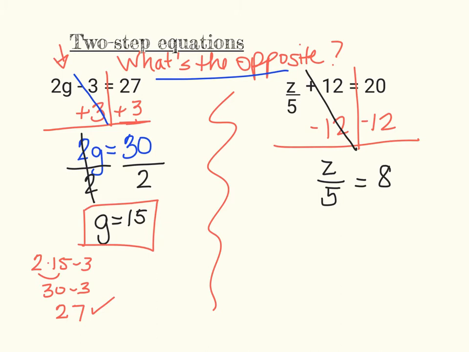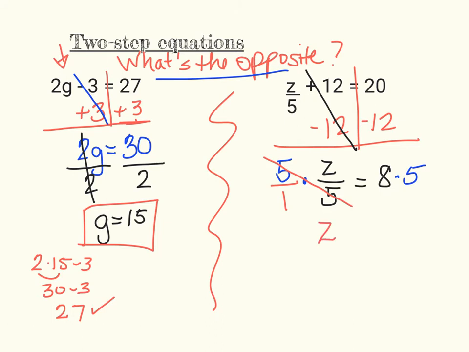So now I say to myself, what is the opposite of divide by 5? Of course, that's multiply times 5 both sides. These would cancel. It's 5 over 1 because I'm multiplying. I need to make sure they're both fractions. Those cancel.